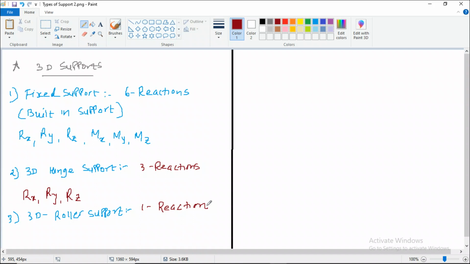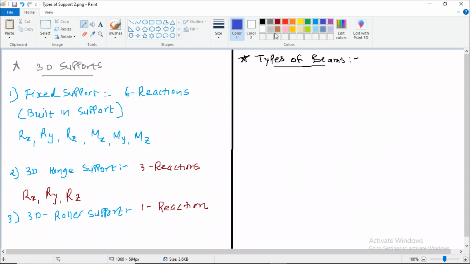Now let us talk about the types of beams. Next topic is types of beams. So there are different types of beams which we can produce practically.